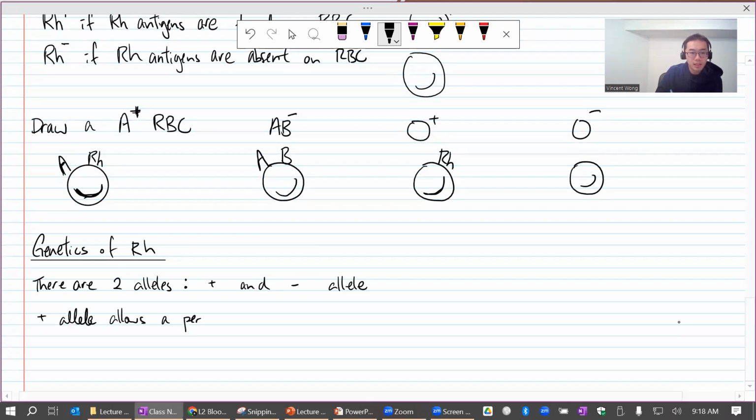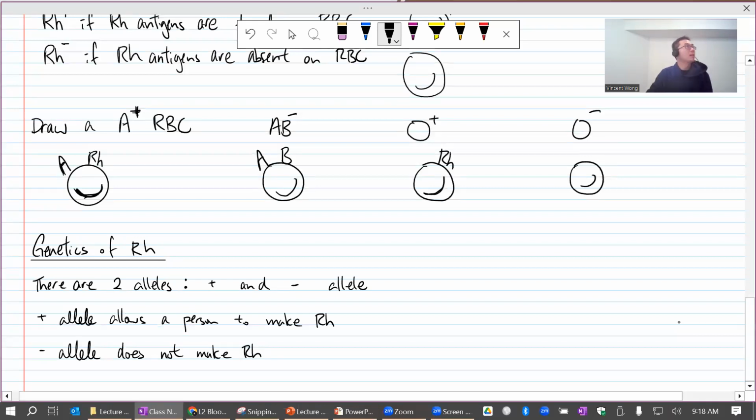The positive allele allows a person to make RH. The negative allele does not make RH, right? So you either have the recipe to make the RH or you don't. Only 2.